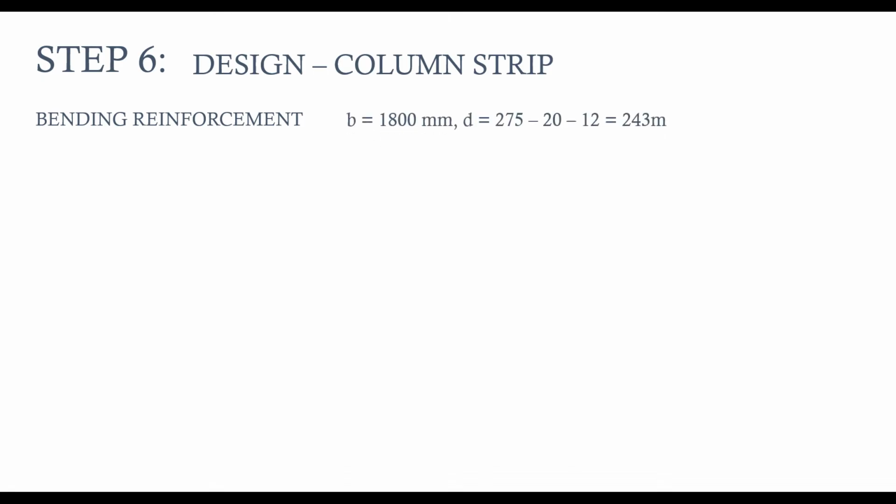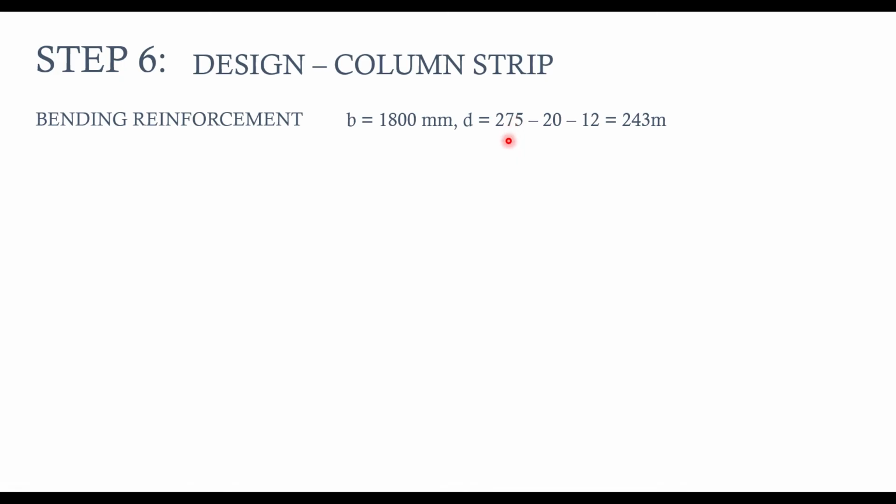But in this case, the column strip has a width of 1.8 meters. The column strip, that is the B. And then in the column region, this is specifically for the negative moments in the column strip. For the negative moment in the column strip, your D is 175. That is the height of the strip. You know, the height of the strip is going to be the height of the slab itself, 175, plus the thickness of your drop panel, which is 100.